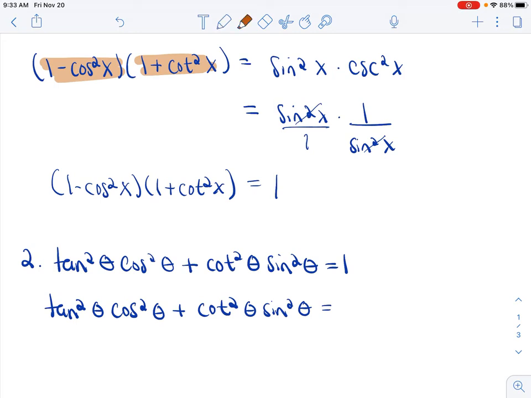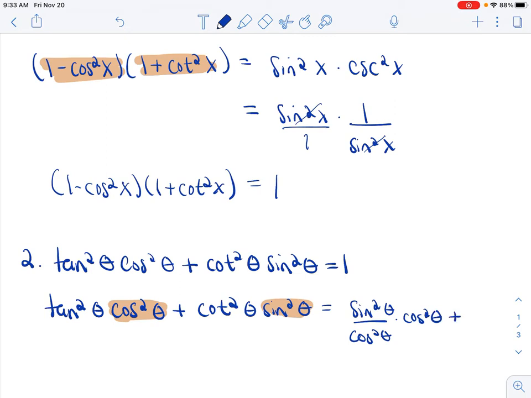Okay, the fact that this is in terms of cosine and this is in terms of sine, that's my indicator that my first attempt is going to replace tangent squared and cotangent squared with sine and cosine. So the definition of tangent squared is sine squared over cosine squared. And that's multiplied by cosine squared.